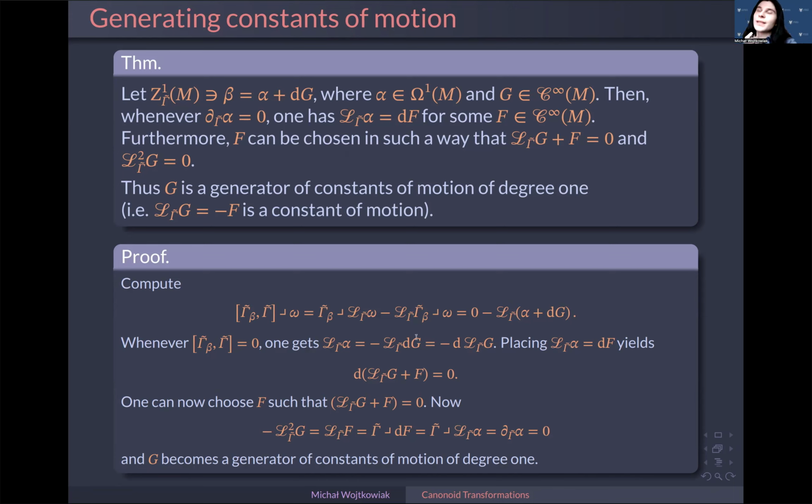So at least on connected components of the manifold, we can choose f to be constant and equal to dg, or the Lie derivative of g, and then g simply becomes the generator of constants of motion of the first degree, and then f is a constant of motion by extension.